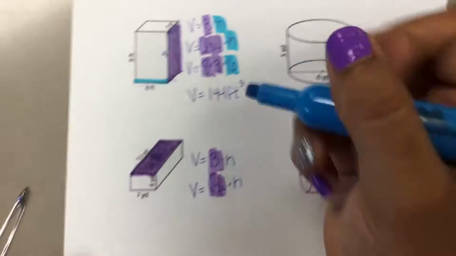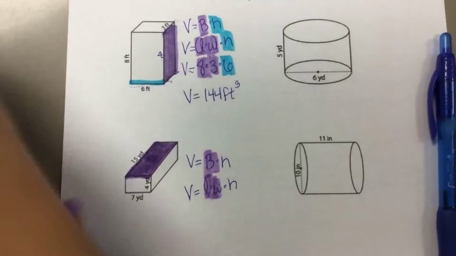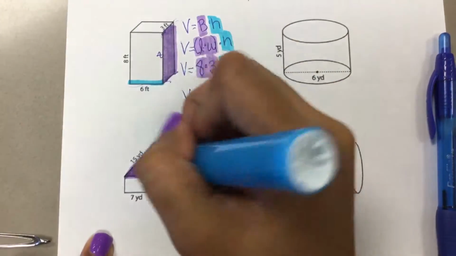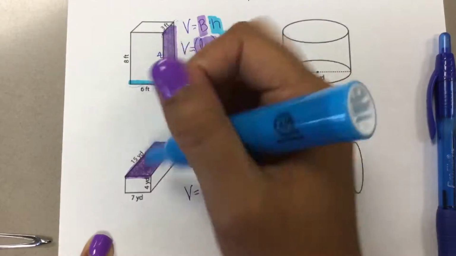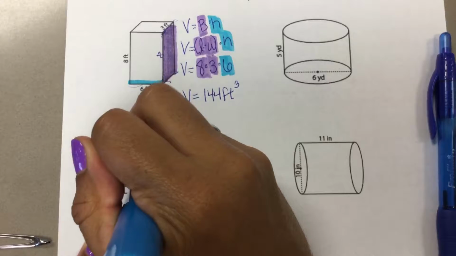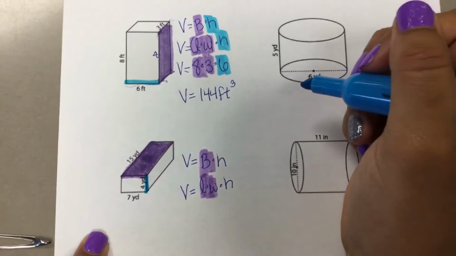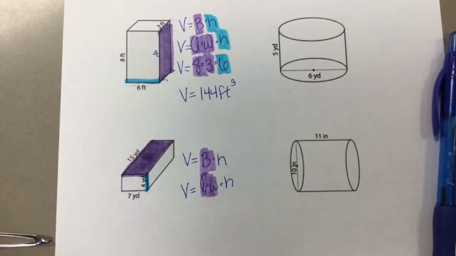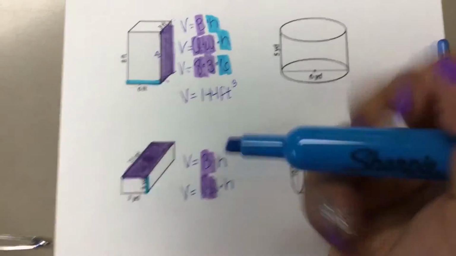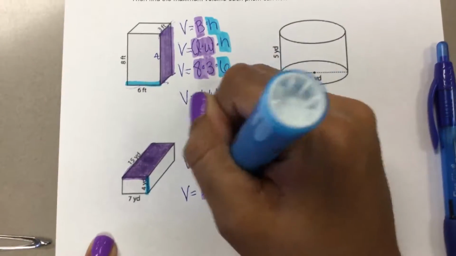And then our height is going to be perpendicular to that. Remember, perpendicular goes the opposite direction, so since this is going this way, our height this time will be the opposite of that. Or not the opposite, but perpendicular to it. And that's represented by the H.